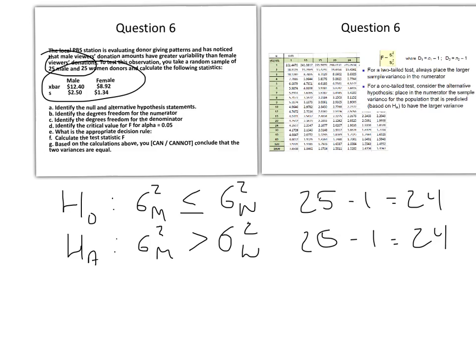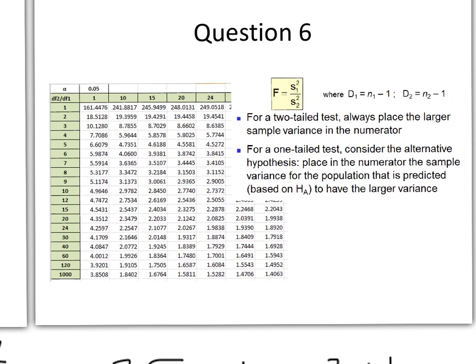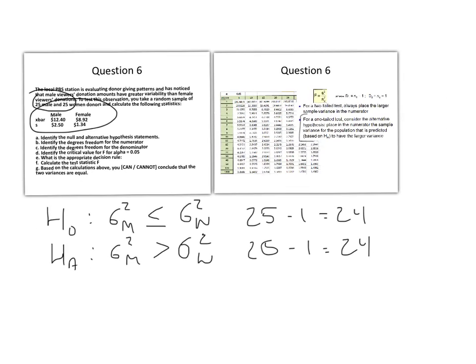Okay, so let's take a closer look over here at this slide. We have a one-tail test, not a two-tail test, so we're looking at this rule here. Consider the alternative hypothesis. Place in the numerator the sample variance for the population that is predicted to have the larger variance. In this case, the men, if we look back at our alternative statement, the men were thought to have a higher variance.